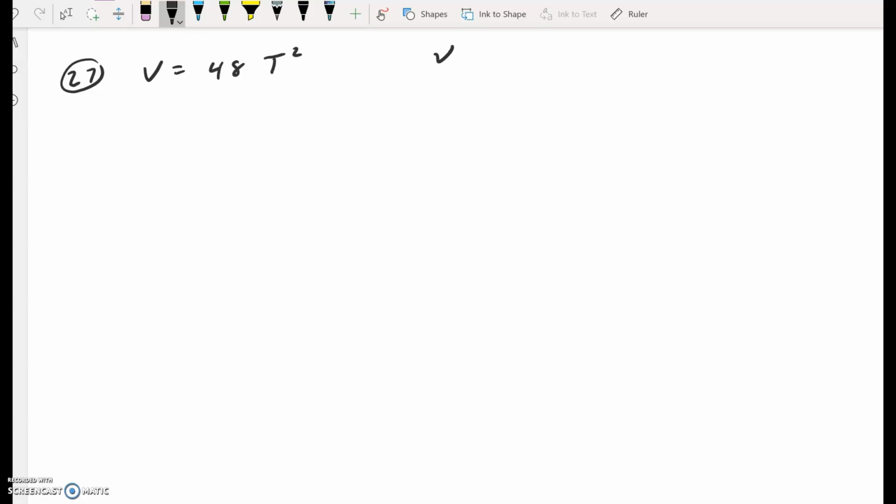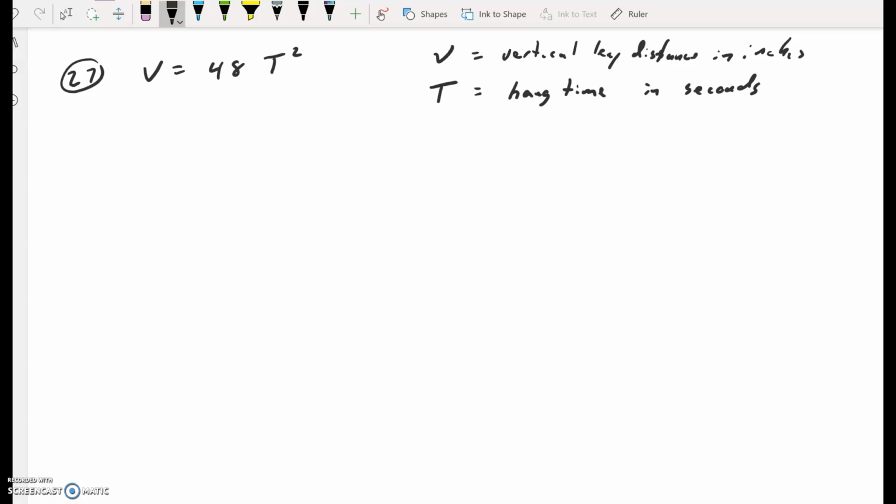V equals the vertical leap distance in inches, and T equals hang time, which is the amount of time his body's in the air, in seconds. And so we're given that it's 44 inches, so we have 44 equals 48 times t squared.